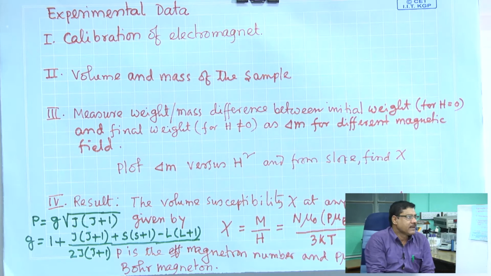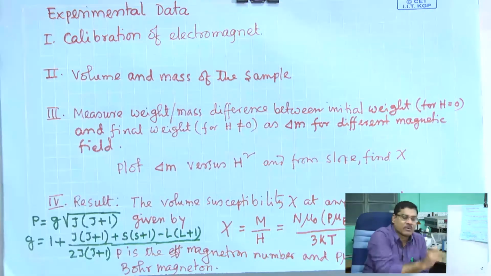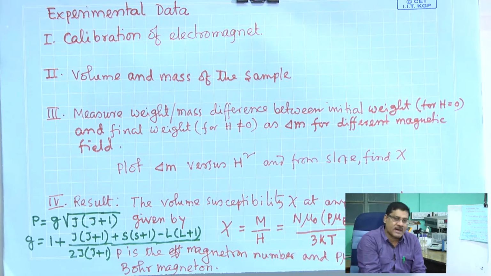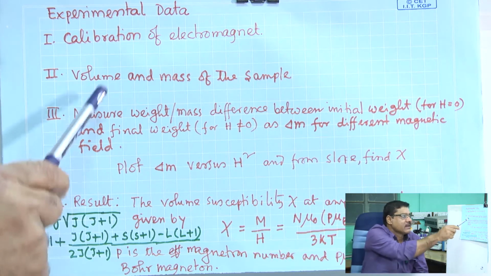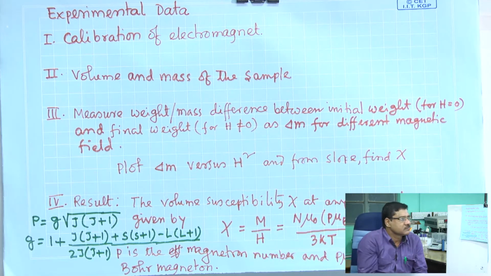Then second, we have seen that we need A and L, the area and the length of the sample. So, volume of the sample and mass of the sample you have to measure, or it has to be supplied by the lab.